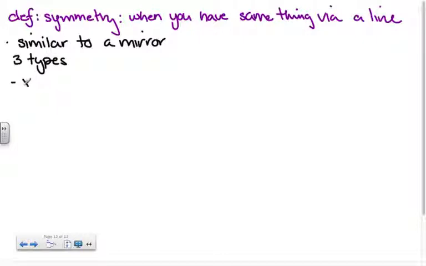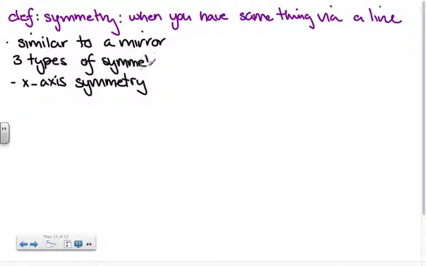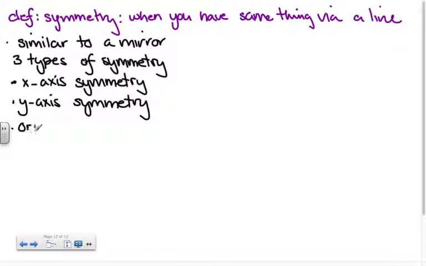We have x-axis symmetry, we have y-axis symmetry, and we have symmetry about the origin.